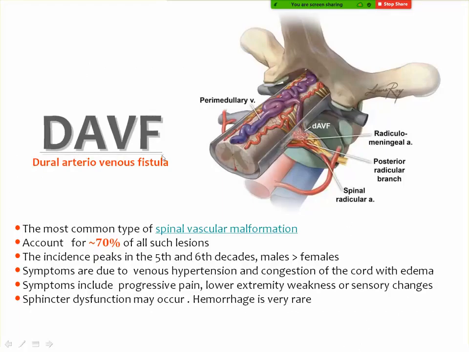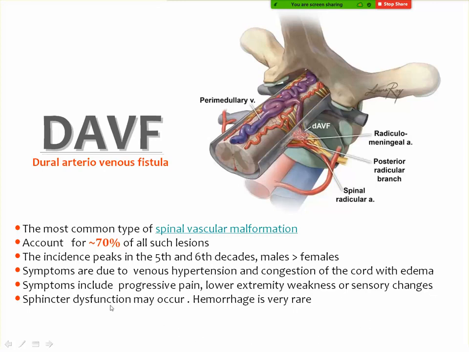And the dural arteriovenous fistula is considered the most common type of spinal vascular malformations. And these lesions are usually seen in the fifth and sixth decades, in males more than in females. There is venous congestion, and the cord will suffer from edema. This will result in progressive pain and lower extremity weakness or sensory changes.